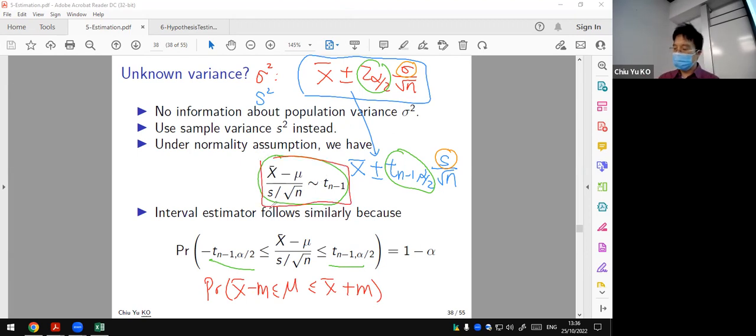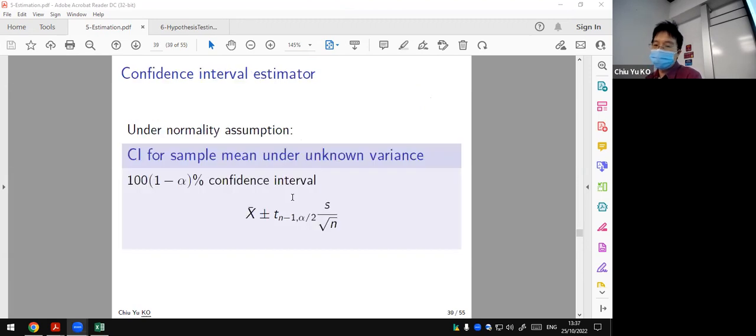I hope you can see the same proof behind it. But of course, if you don't feel comfortable, you can just forget about the proof and remember this particular one. Although we don't write it down, this is the margin of error.